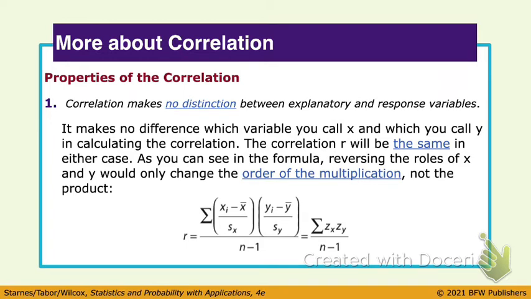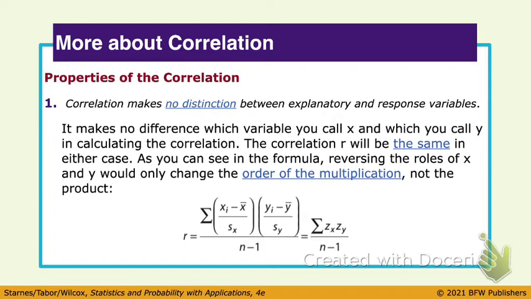The correlation will be the same in either case. As you can see in the formula, reversing the roles of x and y would only change the order of the multiplication, not the product.